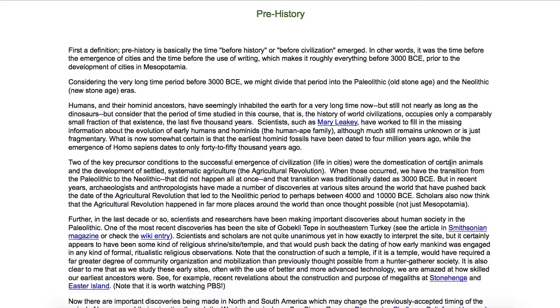Because once writing occurs, societies are able to record and write down what has happened, and we have history. And so prehistory is the period of time that predates historical records for the most part. We can argue about that more or less, but that's a pretty general way of approaching the prehistoric era.